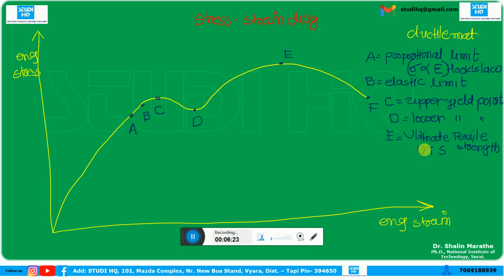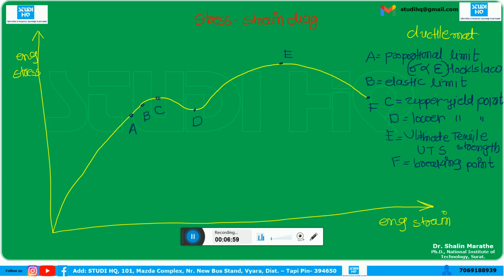So UTS, point E, is the maximum value of stress that the material will be able to sustain, will be able to bear before failure. After that we have point F, that is the breaking point. So here at point F, the material will break into two pieces. Okay, the specimen will break into two pieces. So these are the points.